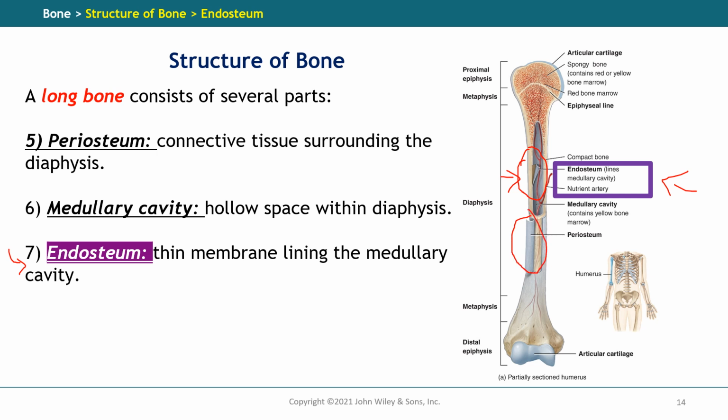While the periosteum was surrounding the diaphysis, the endosteum is surrounding the medullary cavity. So this is why your textbook is showing you a structure that you have to peel, because it's covering that. Okay, I hope that is clear. Now we're going to divide in even more detail some of those seven structures that we just discussed.